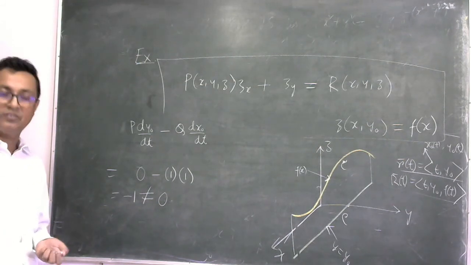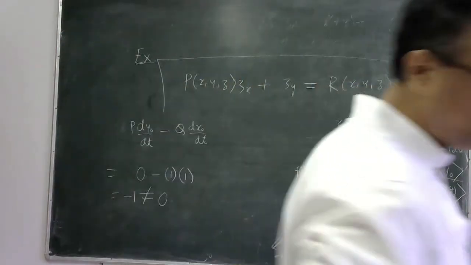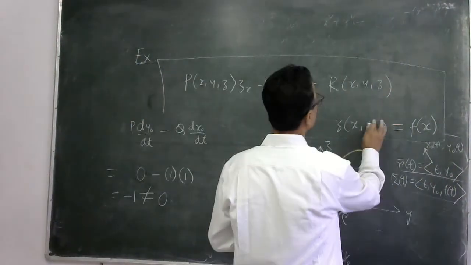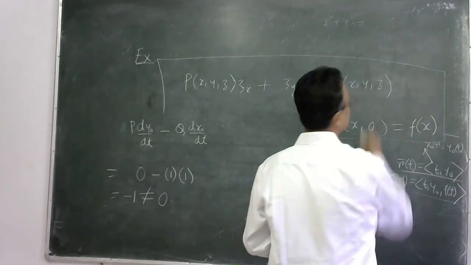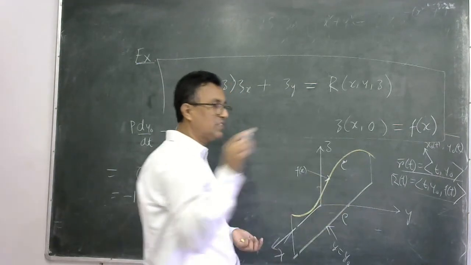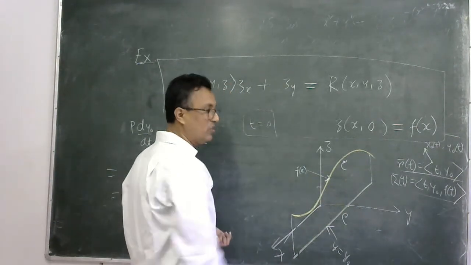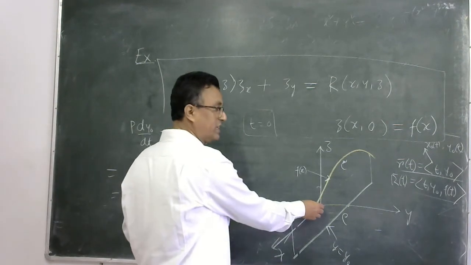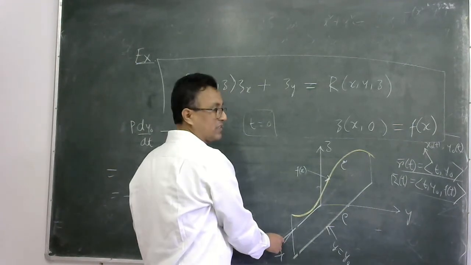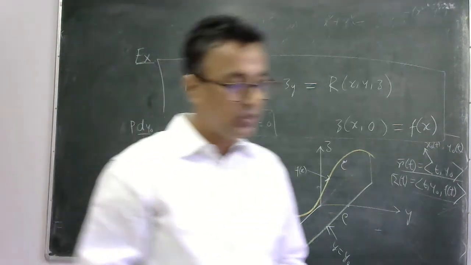Most of the time, they are going to give you y naught as 0. Then at time t equal to 0, they will be defining some initial condition along the x-axis. That's it.